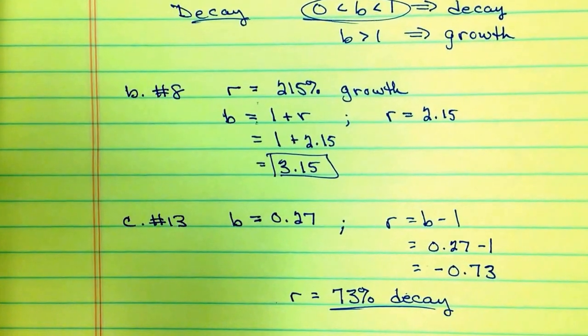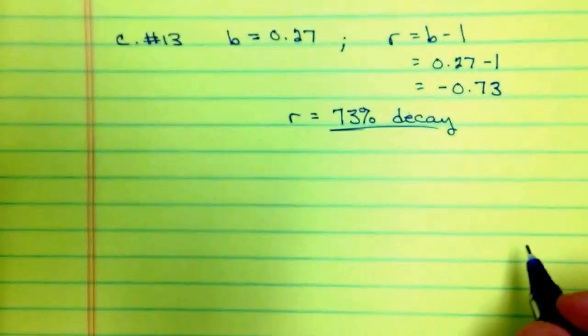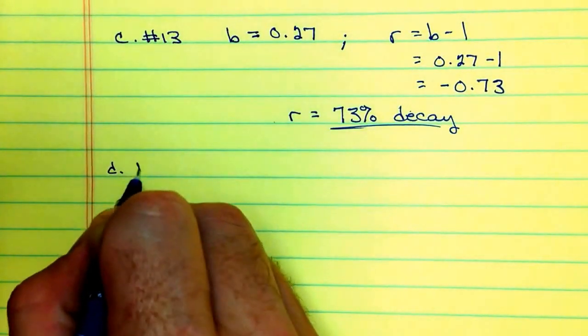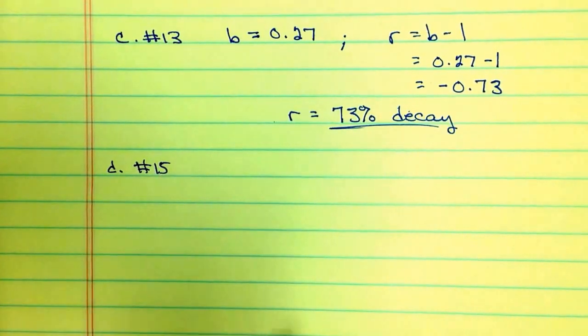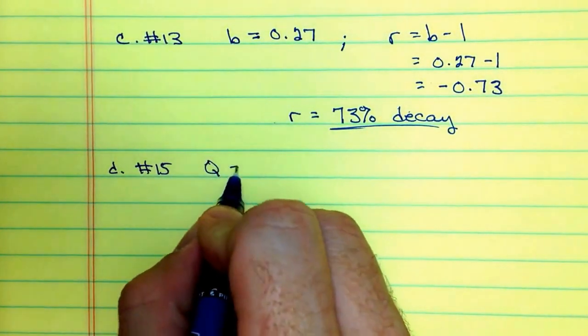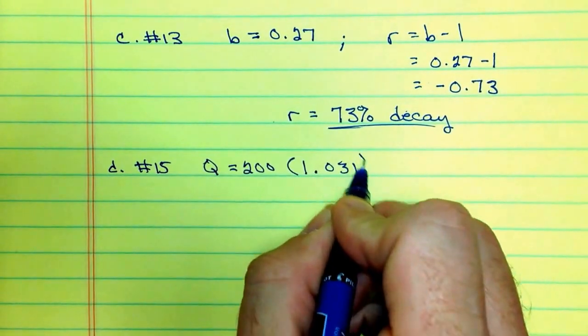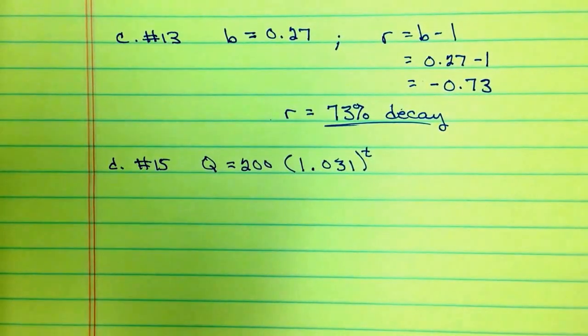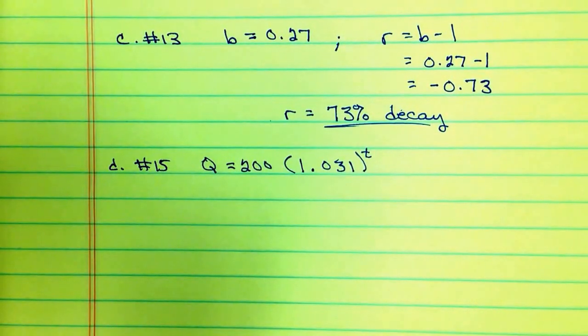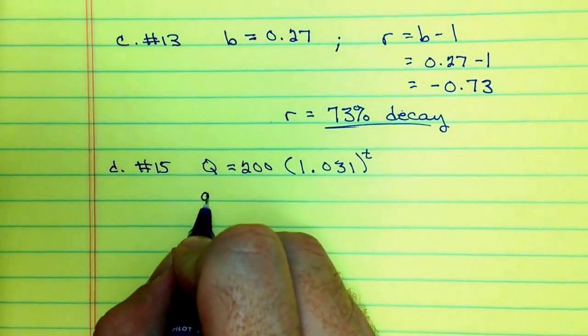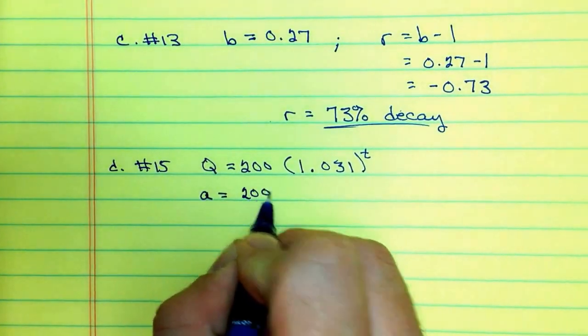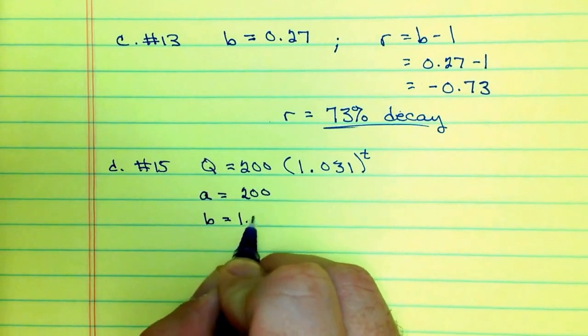All right, so then how about number 15? Q equals 200 times 1.031 to the t. All right, and what do we want? It says state the starting value A, the growth factor B, and the percent growth rate R. Okay, well, A is 200, B is 1.031.